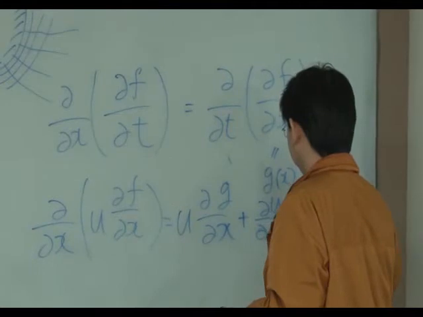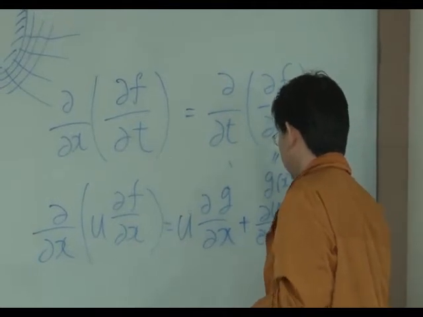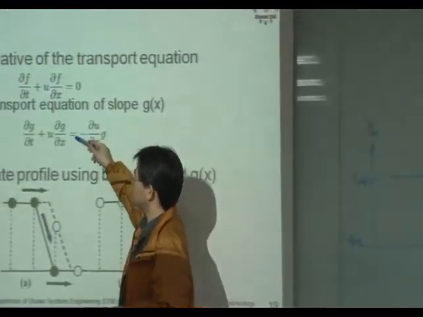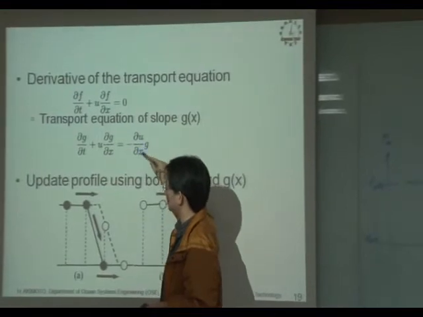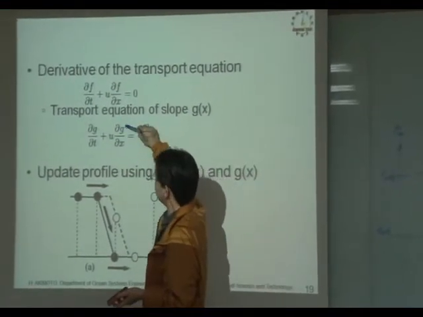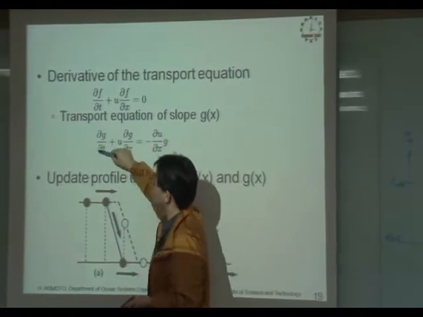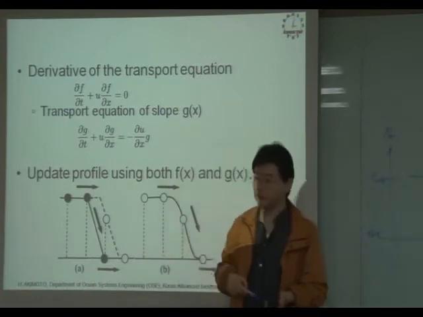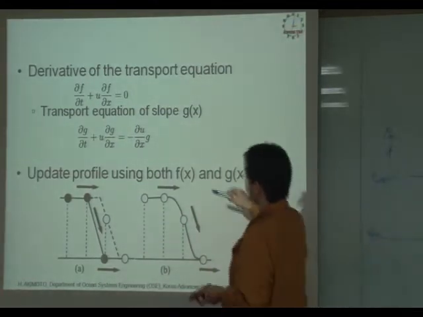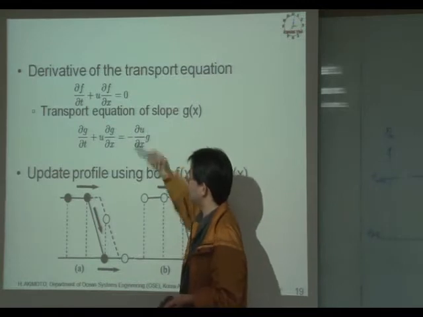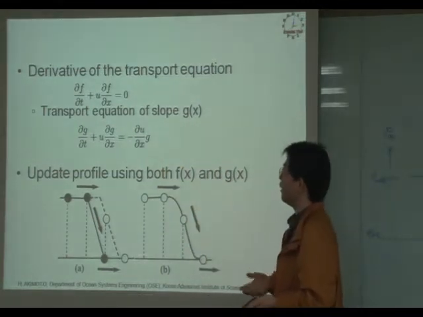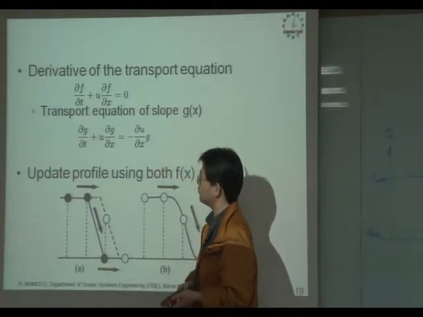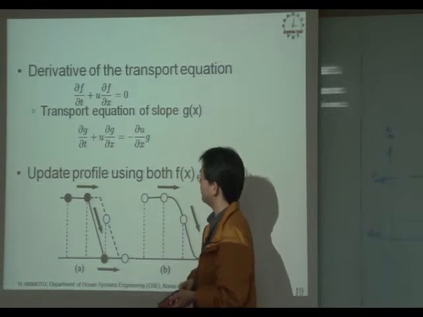But in this case, df/dx is equal to g. So the result is this equation. We can consider this part as the transport equation of gradient, or transport equation of slope. And the right-hand side is an additional term. You can consider this one is the source term of gradient.